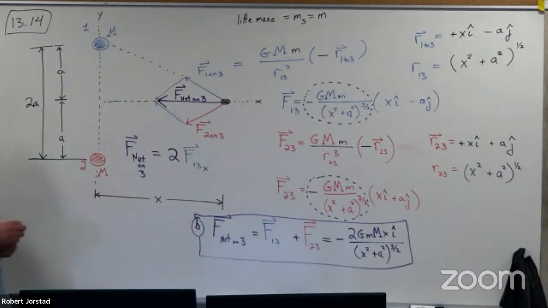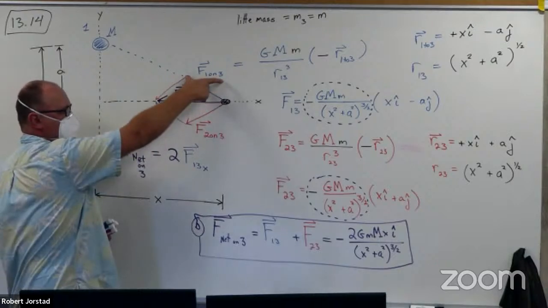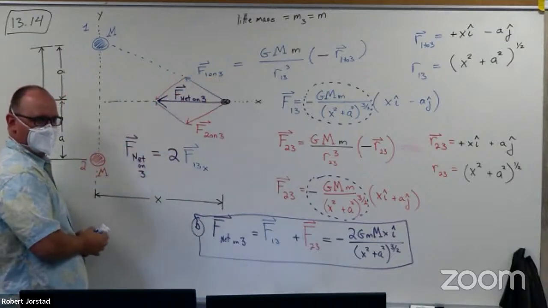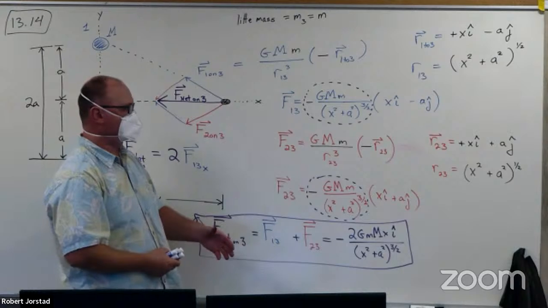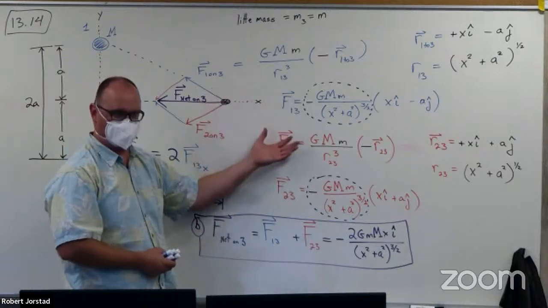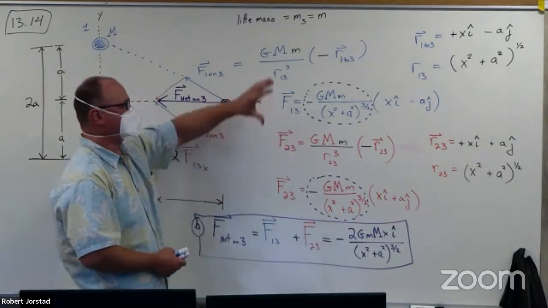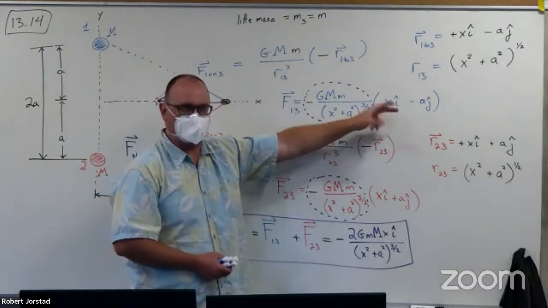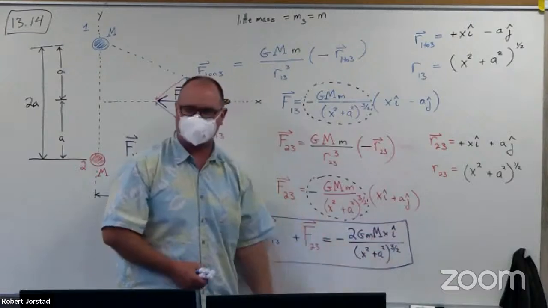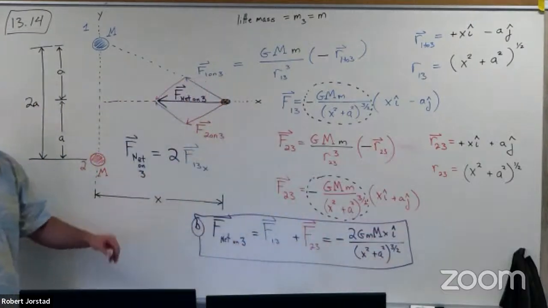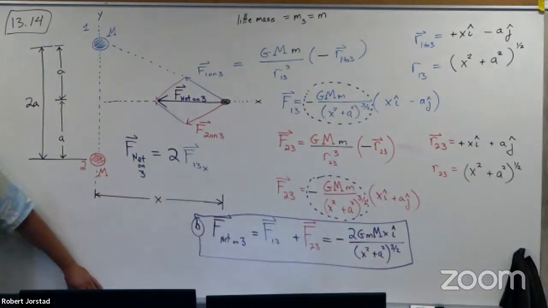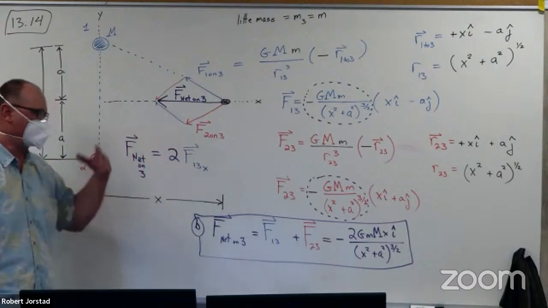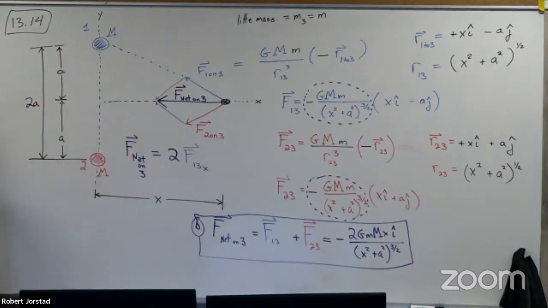By symmetry, I could just get this one's x component and double it. Isn't that a lot faster? Because it's literally half the work if you see this. I do this problem really well, and I'm like, just grab the I hat part and double it instead of doing all this twice. Agreed? So that's the shortcut: if you start seeing these kinds of things, you can use symmetry to reduce the amount of labor in a calculation.